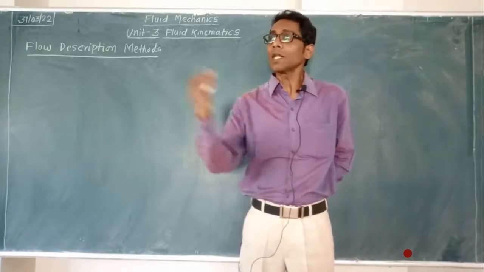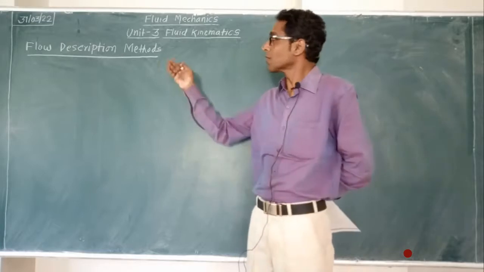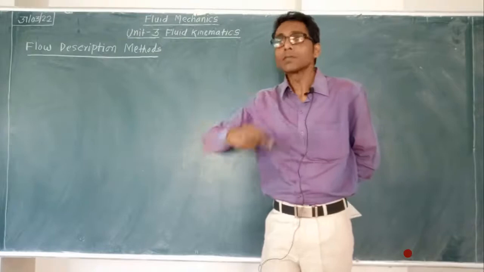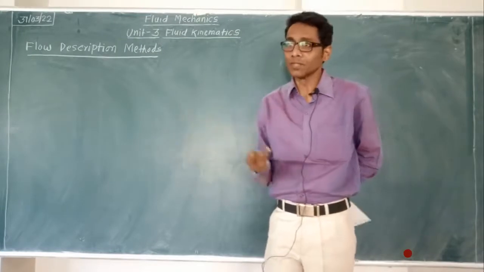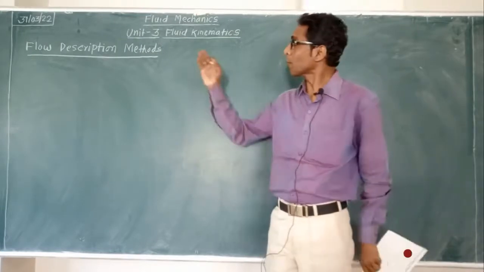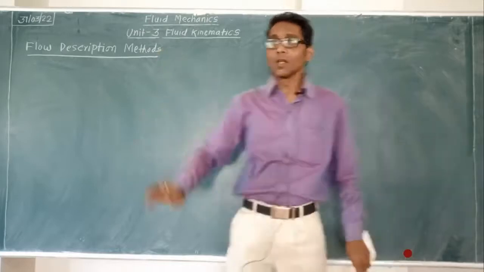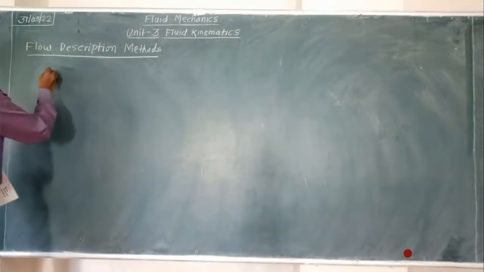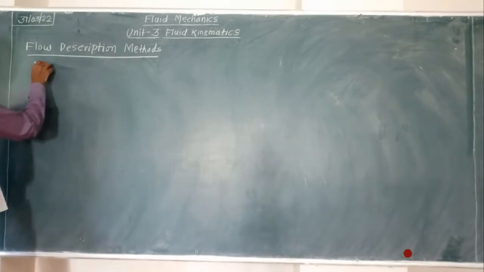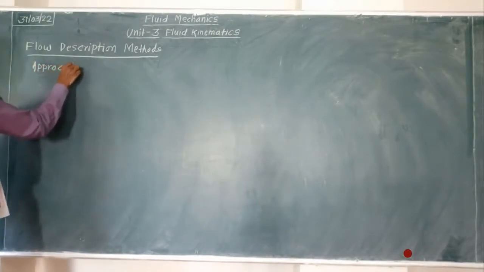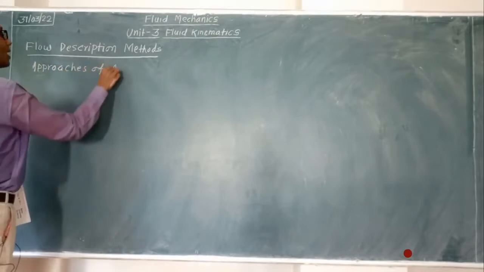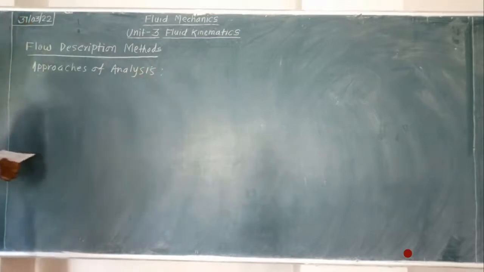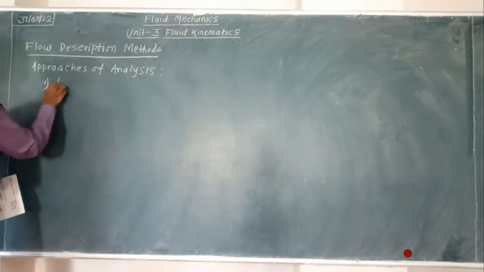So this is changing, it is not remaining the same, because the flow is in an open channel, or in a conduit, or in a closed system. So here we need two approaches for the analysis.